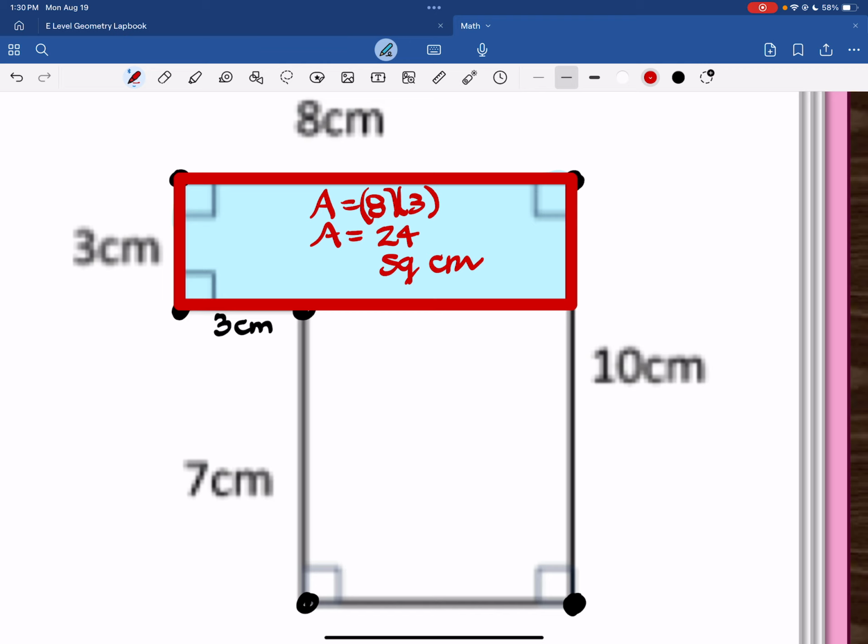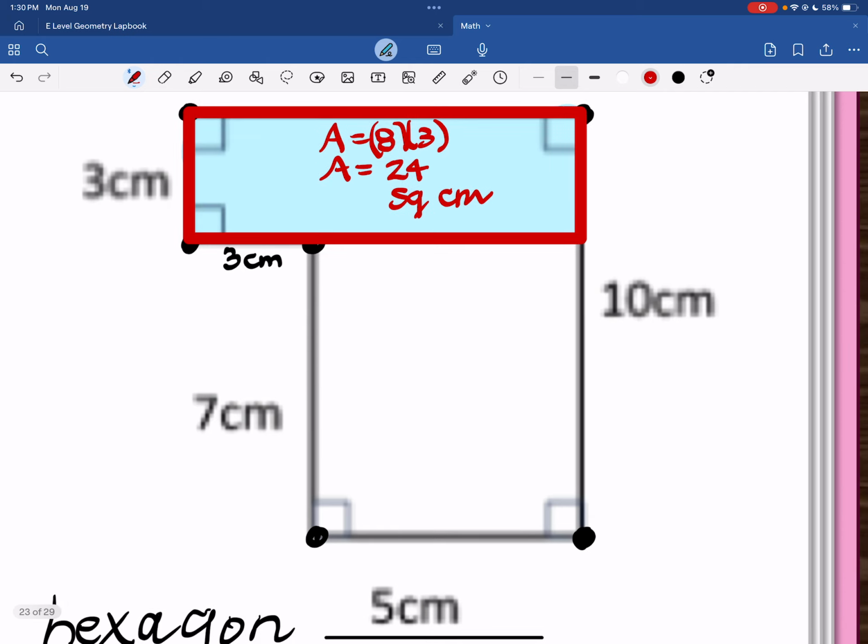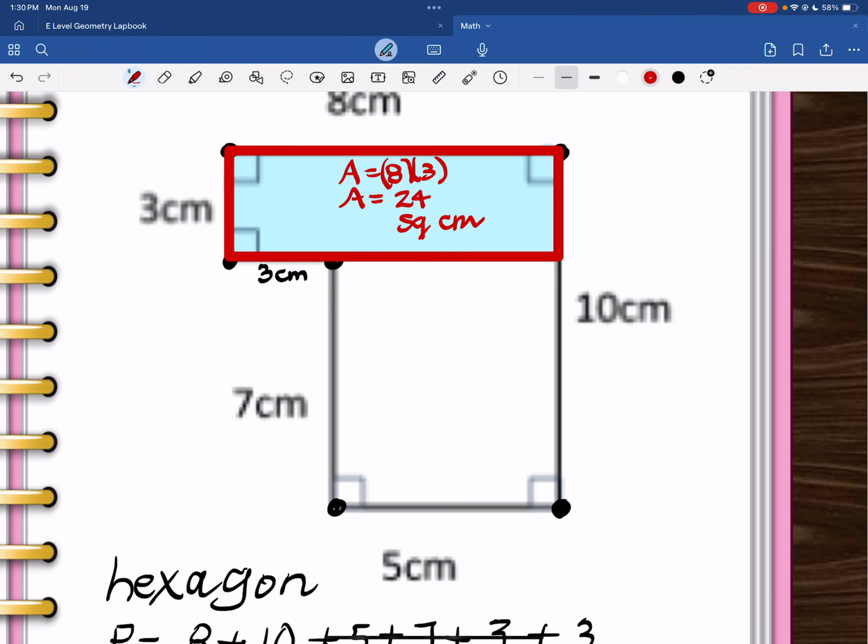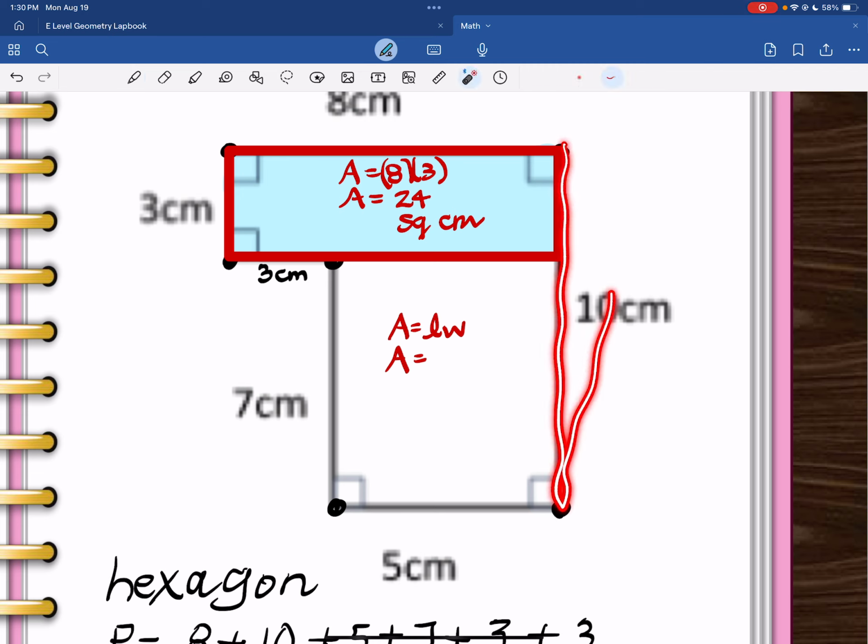And then the area for this one, you've got length times width. Now be careful, it's not 10. 10 goes all the way from here to here. So you don't want 10, you just want from here to here, which is 7. So 7 by 5.